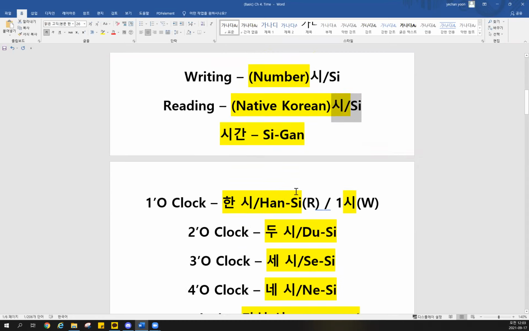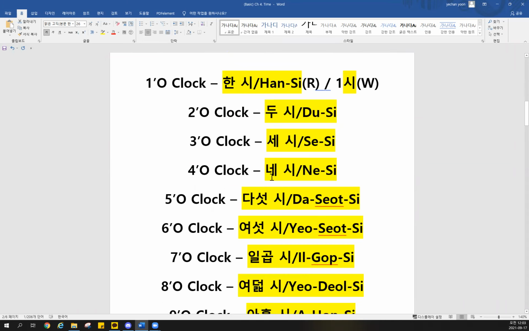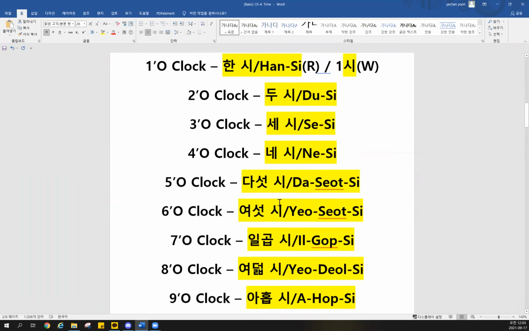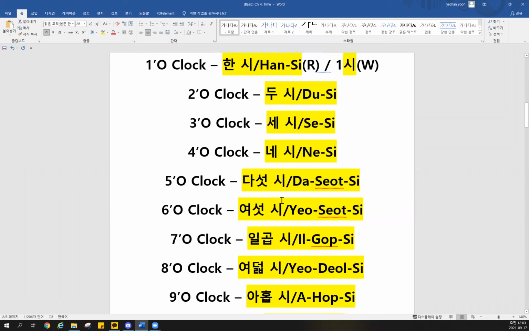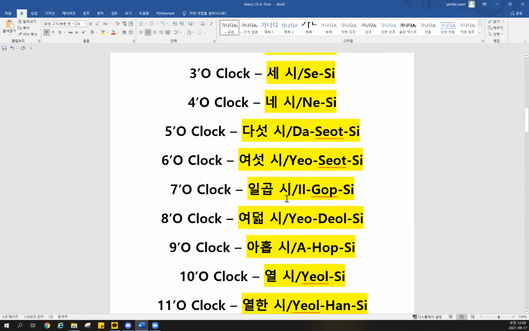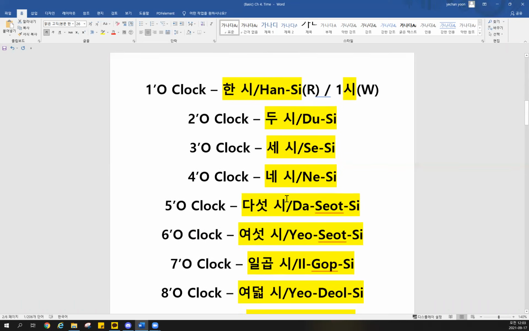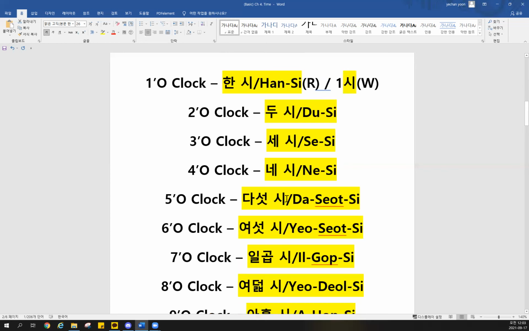Okay. So for the hour, we can use it like this. So we have 1 o'clock until 12 o'clock, right? As I mentioned before, the hour is going to use the native Korean pronunciation and with the changing form as well. So 1 o'clock is going to be what? 한시, not 하나시. Okay, we have a change.